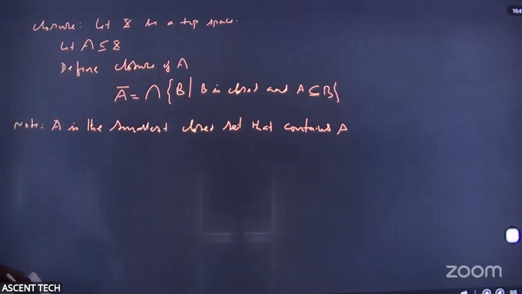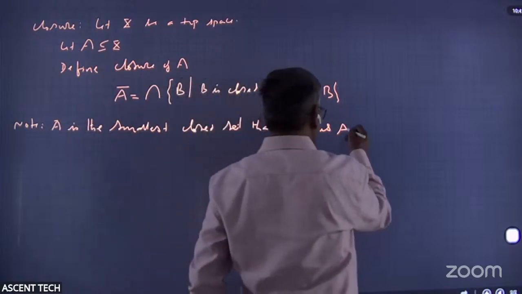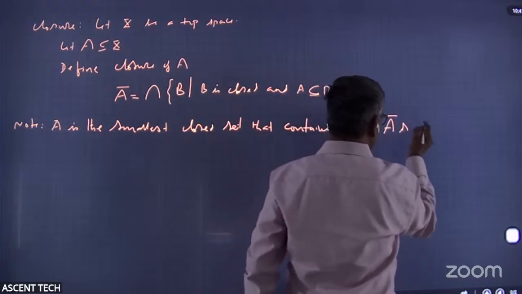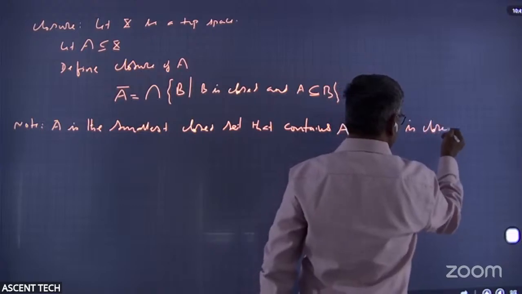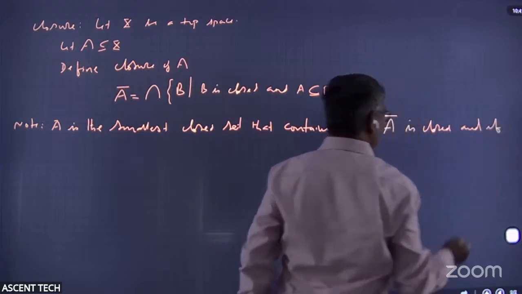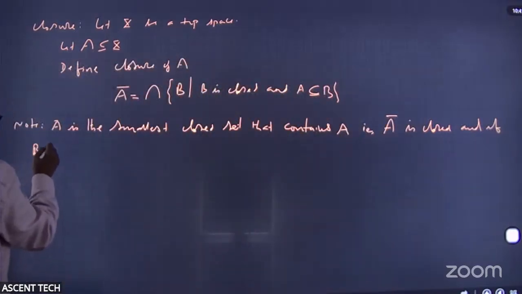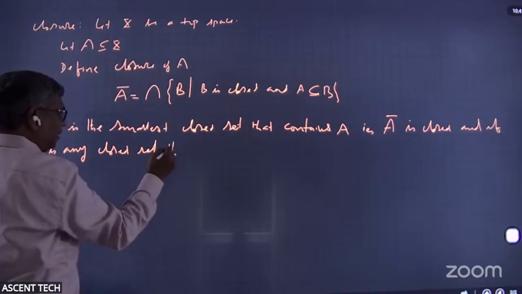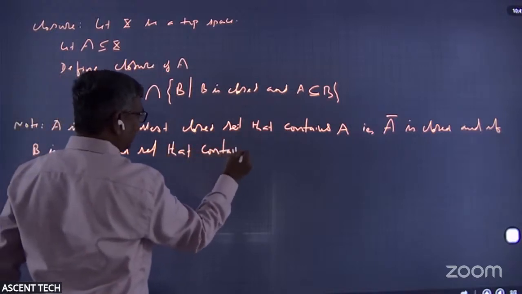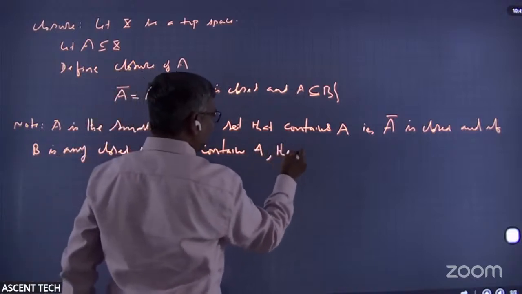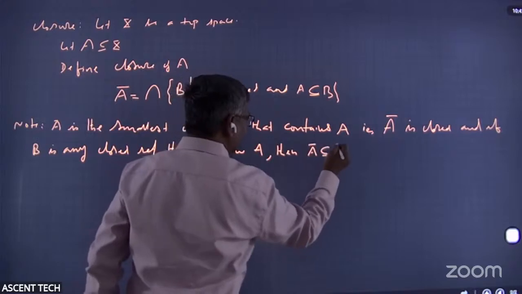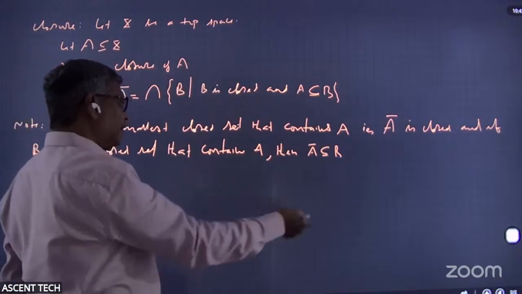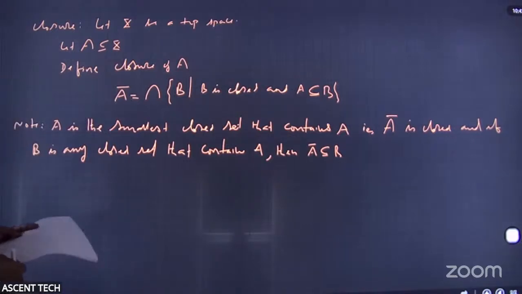That's what I mean by smallest closed set containing A. That is, A bar is closed, and if B is any closed set that contains A, then A bar is contained in B. A bar is a closed set, and every closed set that contains A contains A bar. So that's clearly what we have.